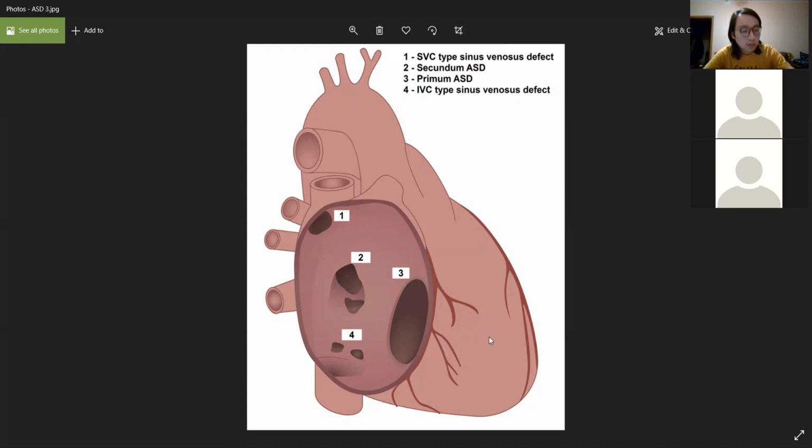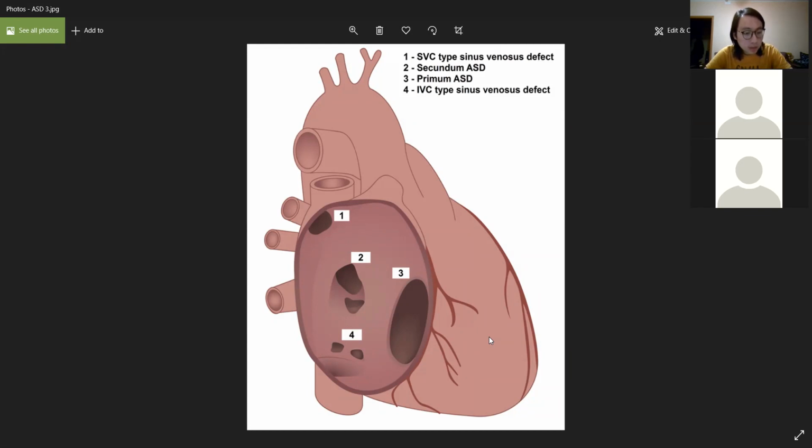We talked about how it is called AV canal, and the atrioventricular septal defect type, AVSD type. Why? Because it is close to the AV valve. The same thing as your primum ASD. It is also close to your AV valve. And if you see, the names are almost the same.